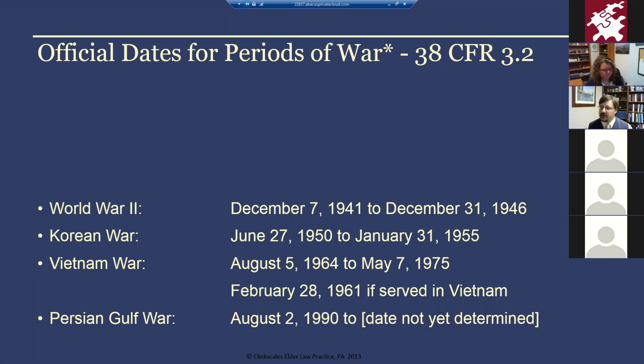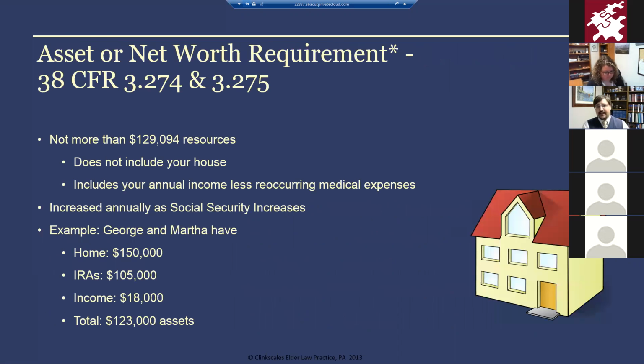So now the asset or net worth requirement, this is a new requirement. It was first put together in October 2018 when there were some major changes to the VA programs. Now it is a specific number, not more than $129,094. That number gets adjusted every year for inflation, so it continues to go up.